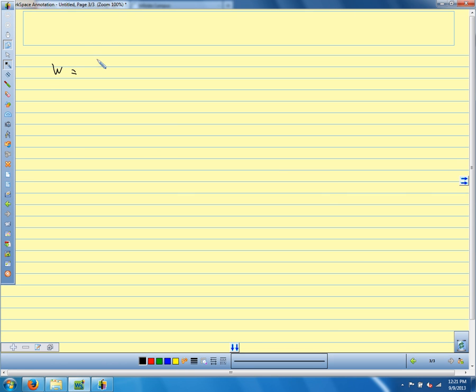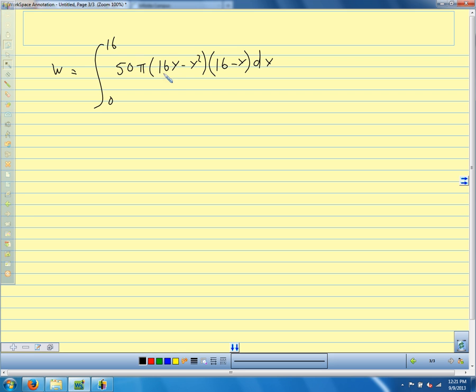The work is going to be the integral from 0 to 16 of the weight of the disk, which we decided was 50 pi times the radius squared, which we came up with, 16y minus y squared, times the distance that we're moving that, and there's the dy that goes with the thickness of our slab.